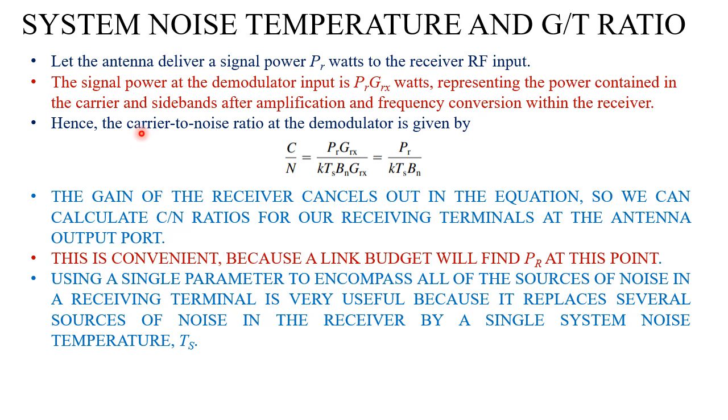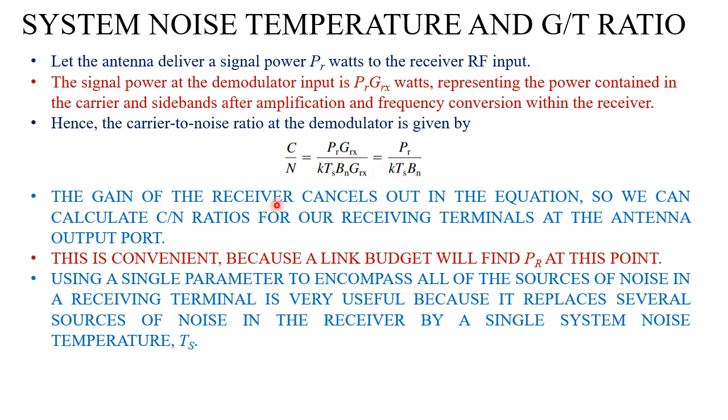So the carrier to noise ratio at the demodulator can be written in this way: C by N equal to PR into GRX, this is the carrier part, divided by the noise part, K Ts Bn into GRX, right? So GRX, they are the same. So C by N equals PR divided by K Ts into Bn, right?